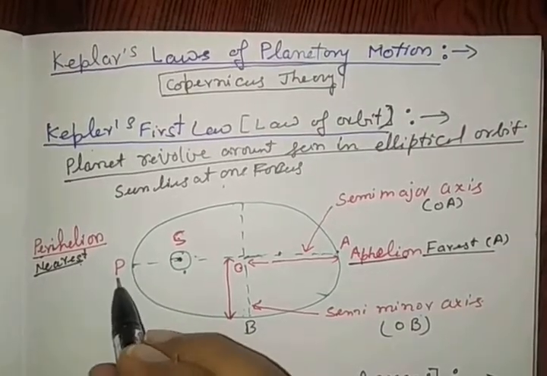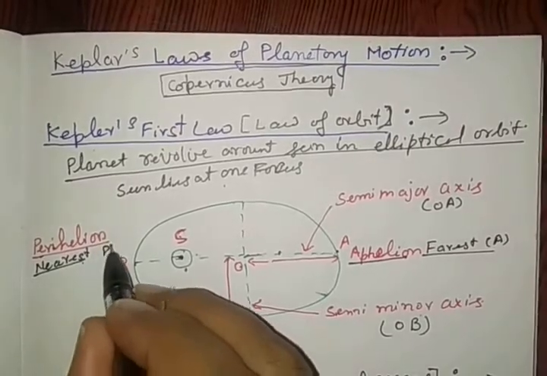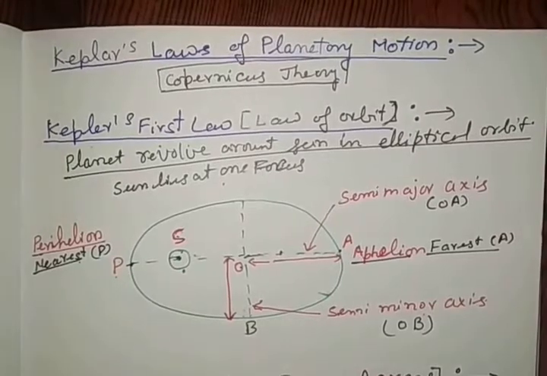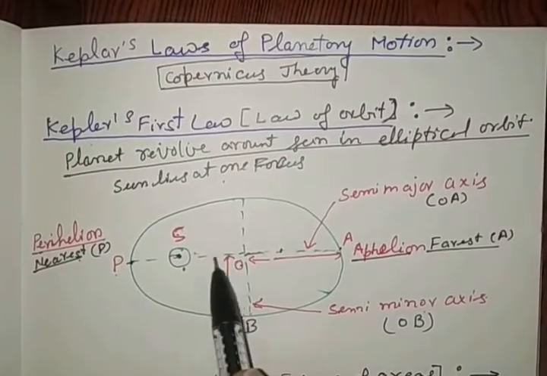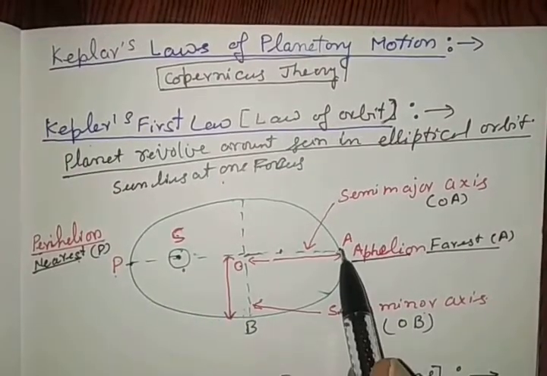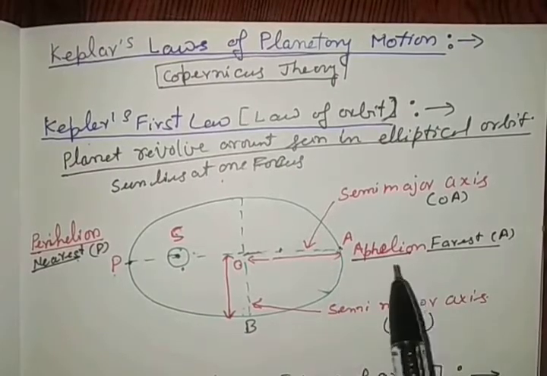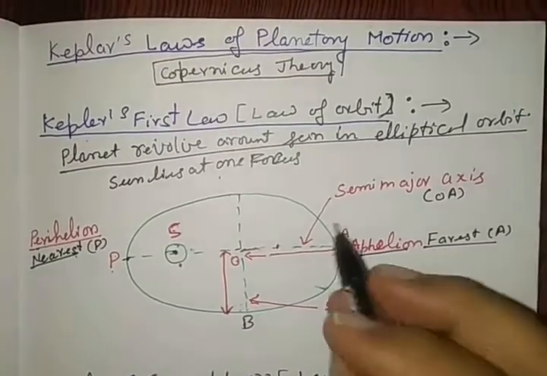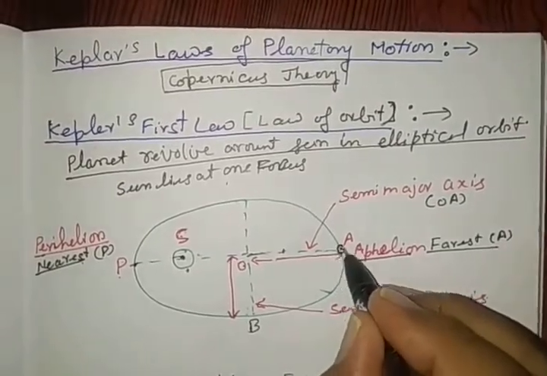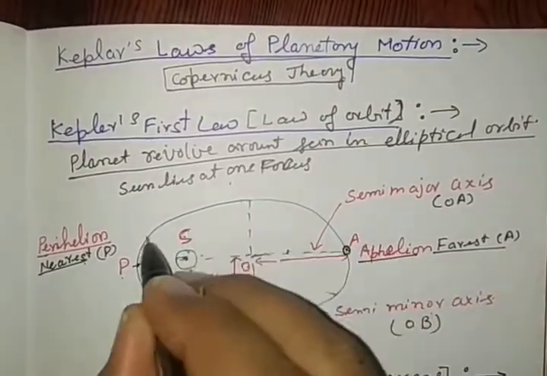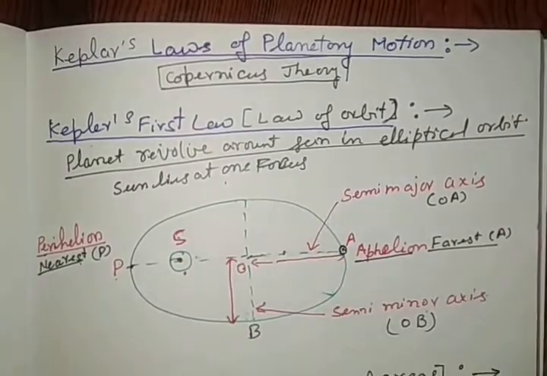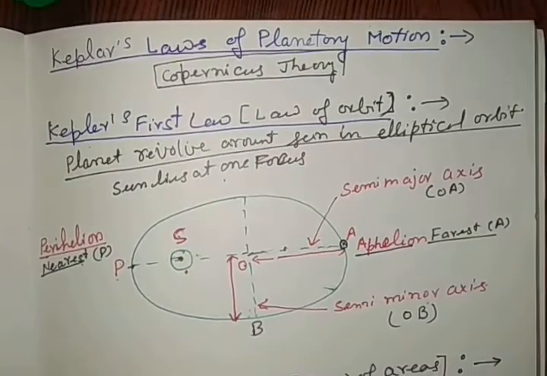So perihelion is point P, the nearest point from the star, and the farthest point is A, called aphelion. Clear? Let this be the position of a planet. So the planet revolves around the sun in an elliptical orbit.